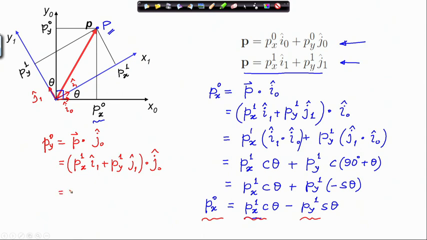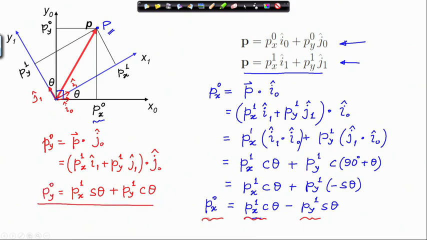I will have i1 dot j0, which, because both are unit vectors, is the cosine of the angle between i1 and j0, that is cosine of 90 minus theta, which means sine theta. Then I will have Py1 times j1 dot j0, the cosine of the angle between j1 and j0, which is again theta. So, this will become cosine theta. This you can easily check.